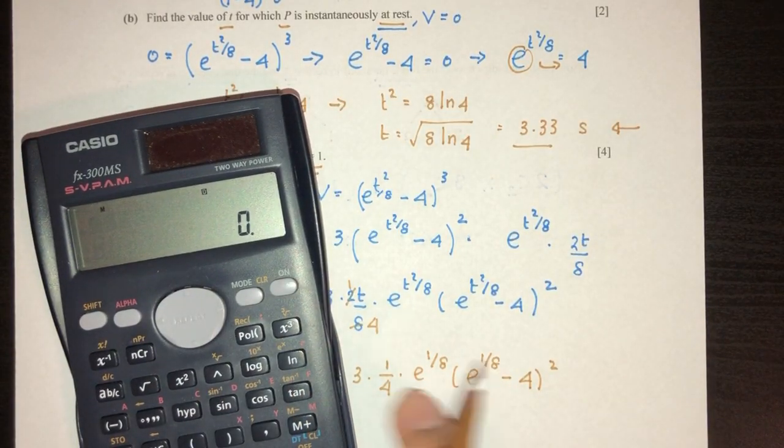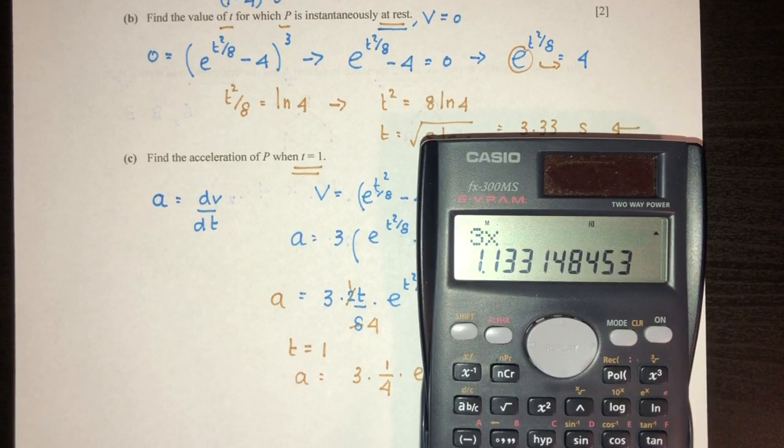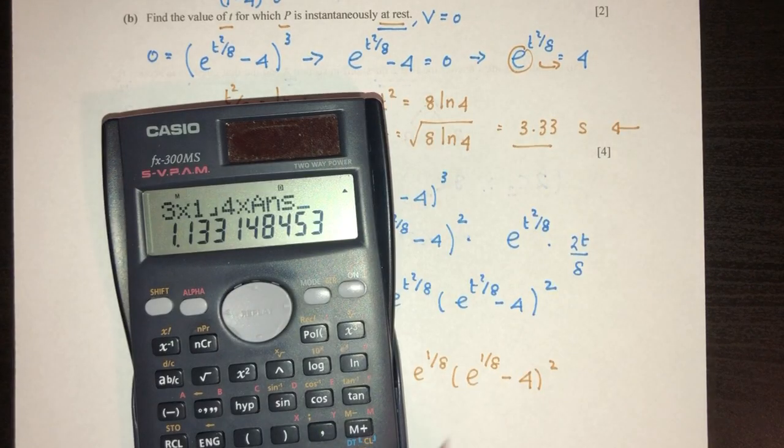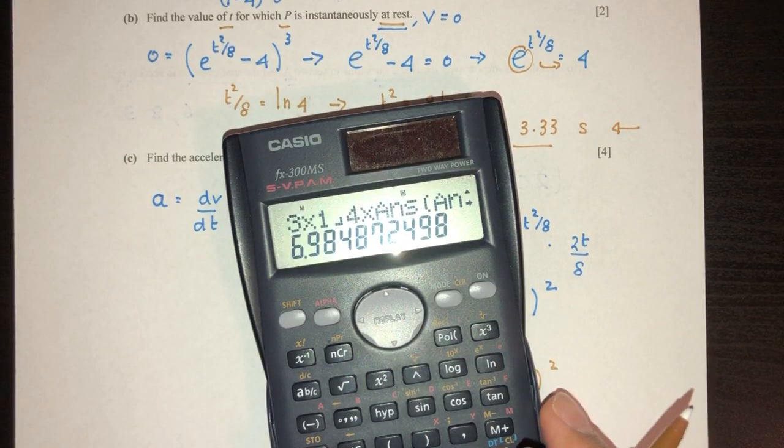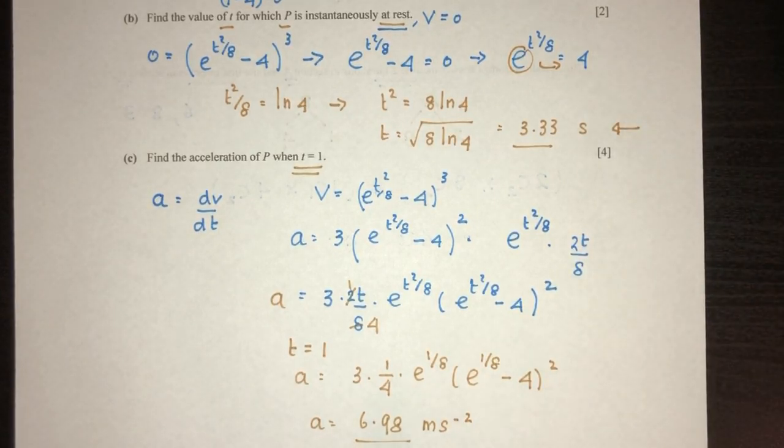Let's first find this one. Exponential 1 over 8 is this value. So now we have 3 times 1 over 4 times the answer, which is exponential 1 over 8, and then bracket exponential 1 over 8 minus 4 squared. That should be 6.98. So a will be 6.98 meters per second squared, correct to 3 significant figures. And that is your question number 6.